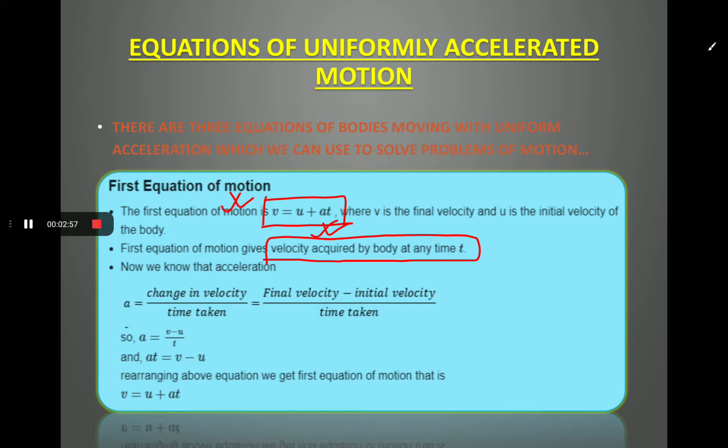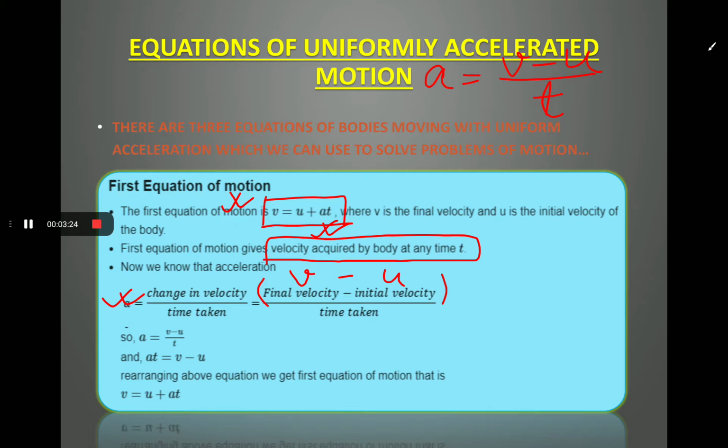Students, we know the formula of acceleration: a is equal to change in velocity by time taken. And change in velocity is equal to final velocity minus initial velocity. Final velocity is v and initial velocity is u. So the formula becomes a is equal to v minus u by t.